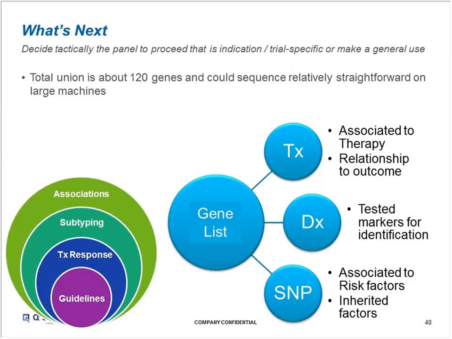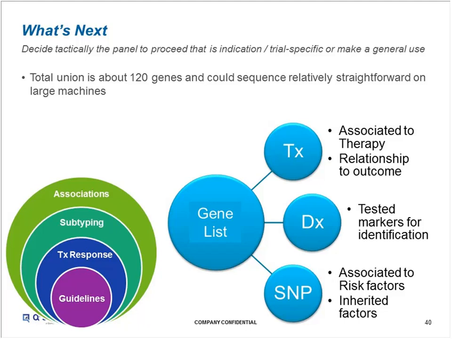So after doing this, following this concentric circle line, I took the union gene list from all these markers that were prioritized in publications that had associations to, in some cases, treatment, relationship to outcome, or diagnostic related.